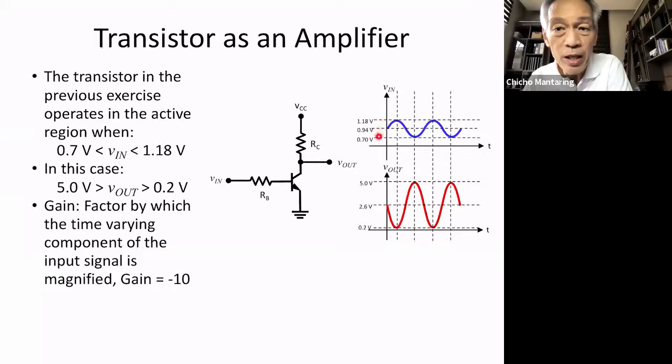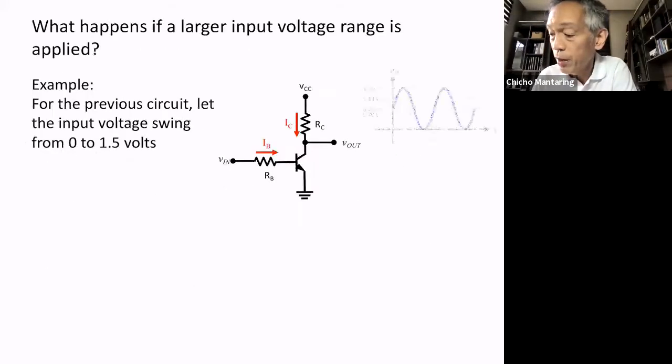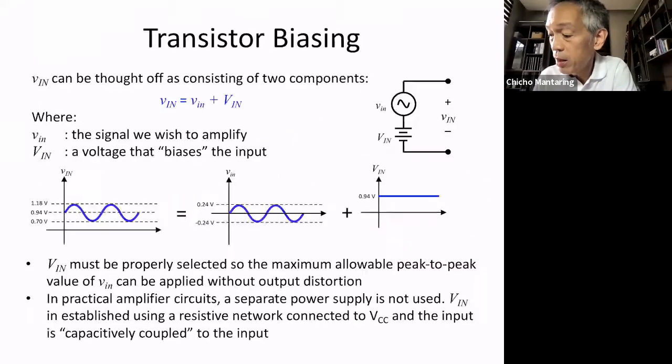So my input signal is a 0.48 volt peak to peak signal. If I raise it so that the middle is beyond 0.94, I'm going to cause it to saturate faster. So I will have distortion here at the bottom. That's what's going to happen if I raise this value 0.94. So this value of 0.94 is very important.